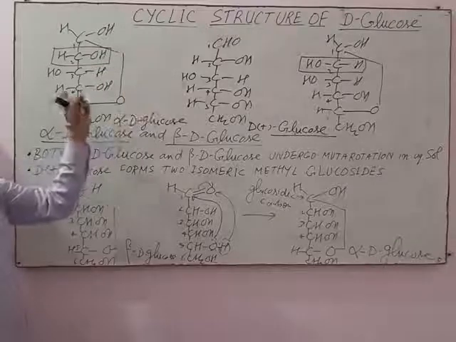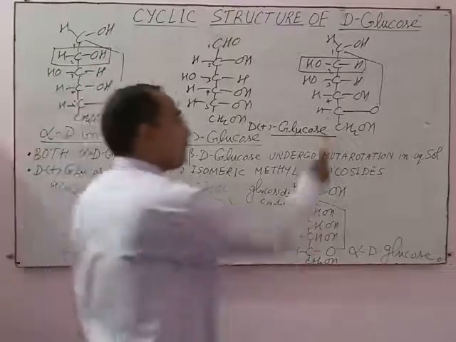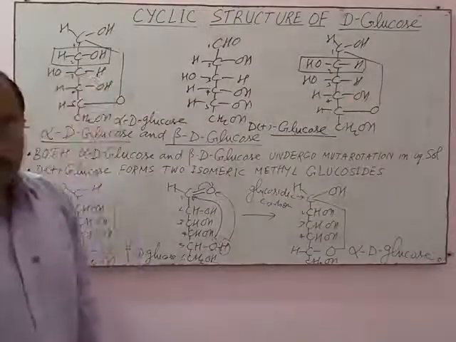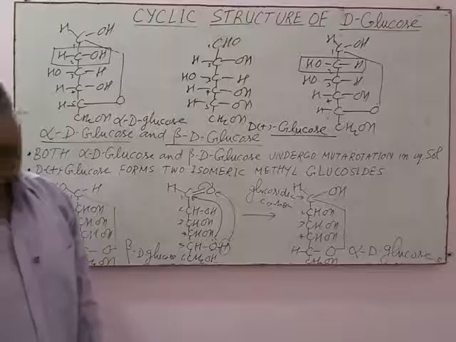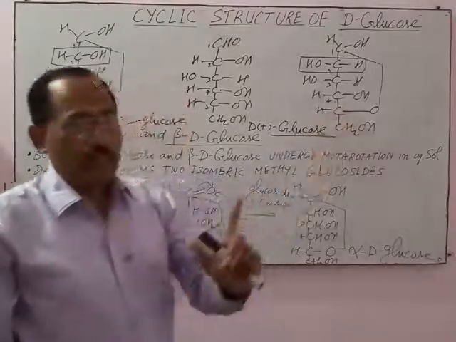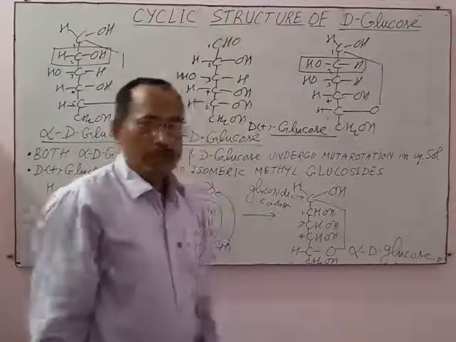Both are C2 epimers of each other. If the configuration differs at C3, then they are said to be C3 epimers of each other. If the configuration differs at C4, then they are known as C4 epimers of each other.